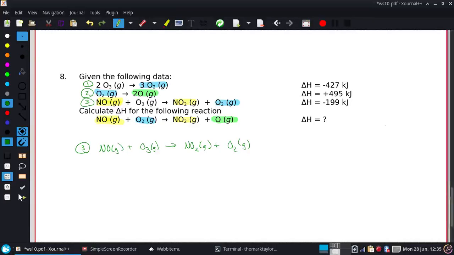So I'm going to rewrite equation 2, and I want to change the coefficient so it's only 1 O2. So I'm going to multiply all the coefficients by 1/2.